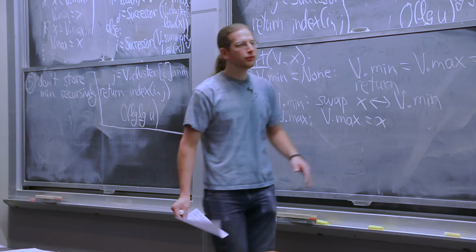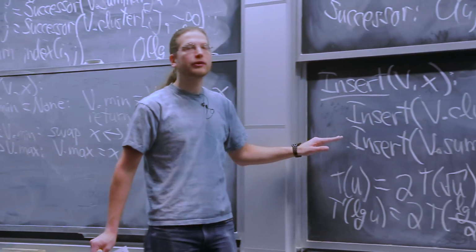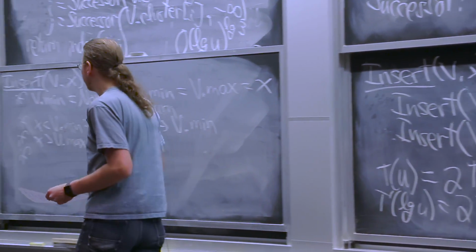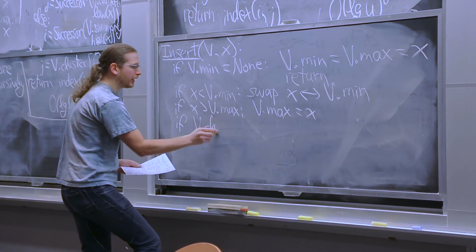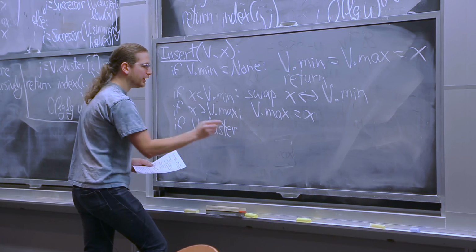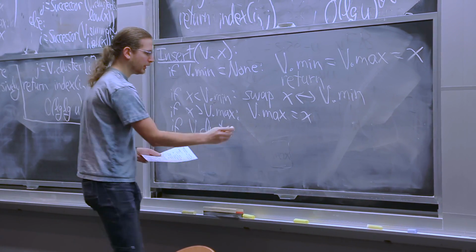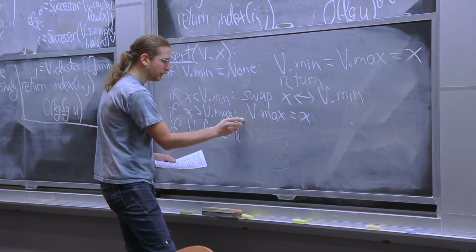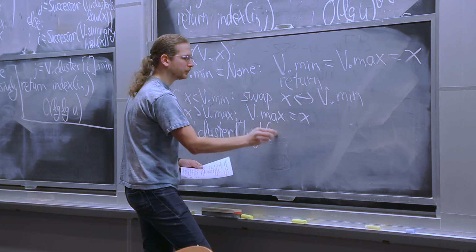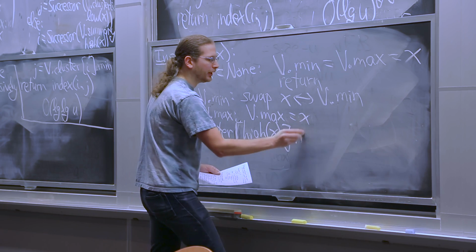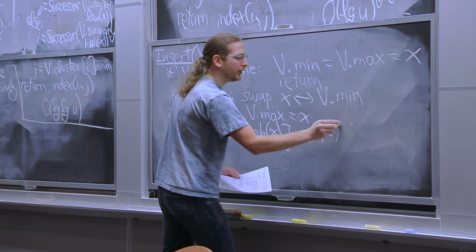instead of always inserting into the summary structure, we're going to see whether it's necessary. Because we know how to do that, we just look at cluster high of x, and we see, is it empty? Cluster high of x. And empty means its minimum is None.